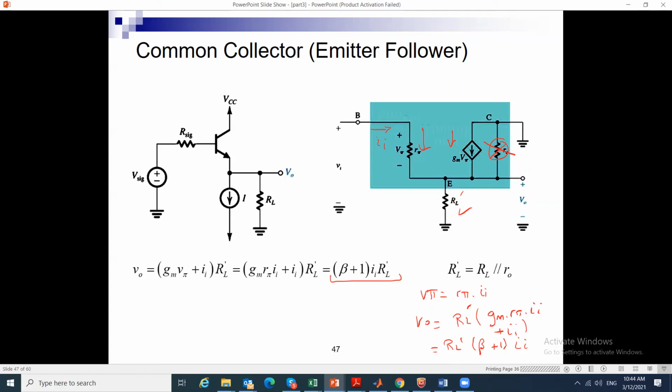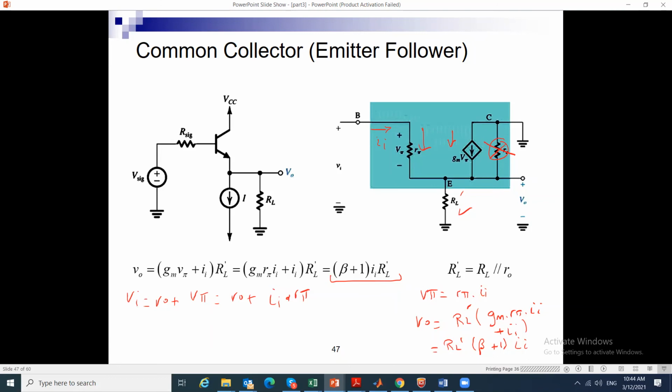And Vn is nothing but Vo plus V pi, which is Vo plus In times Rpi. So now I have all of them as a function of In. I can reduce the equations. We're not going to go through the math. But does anyone have a question on how I got Vo? Anybody has any questions?